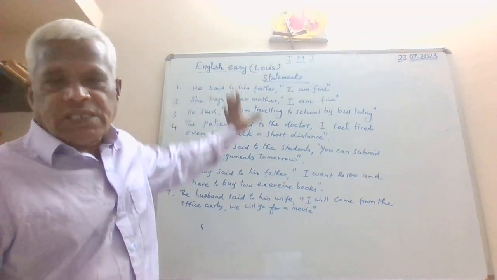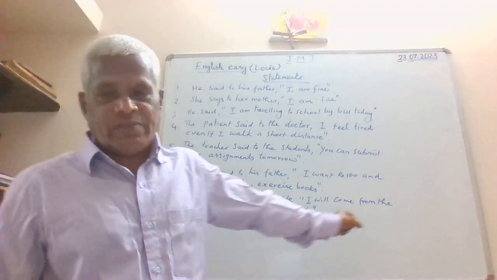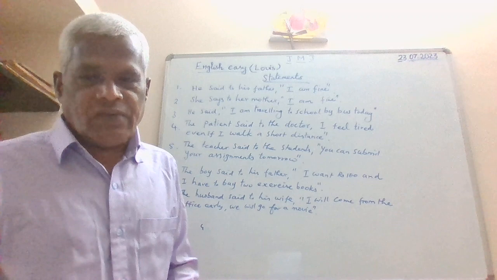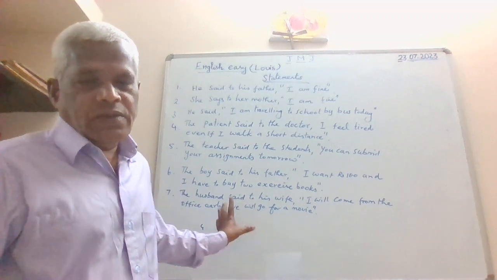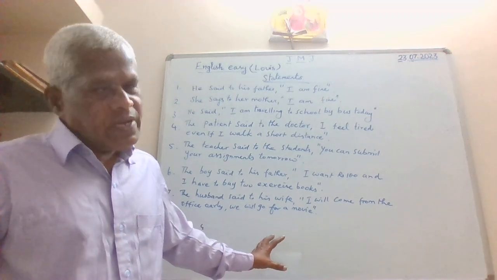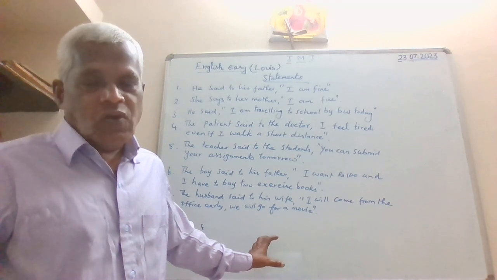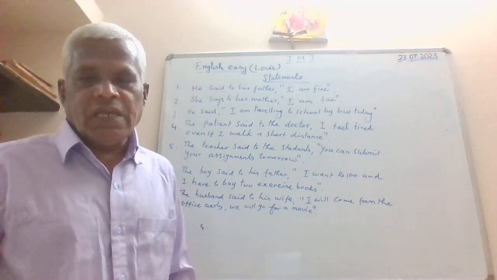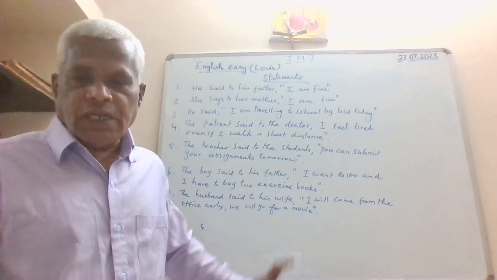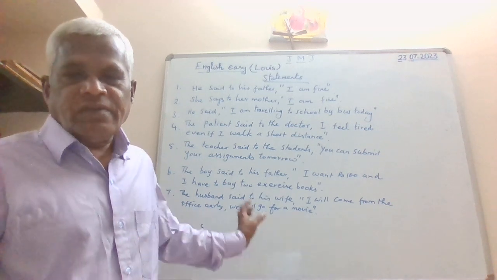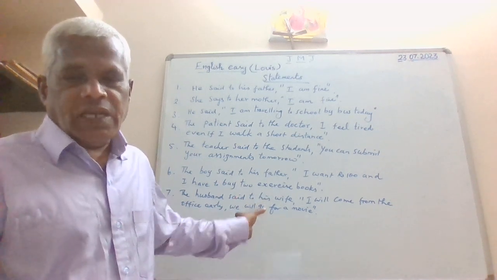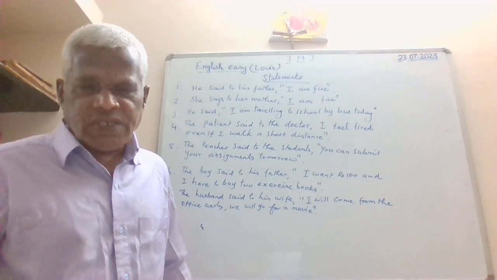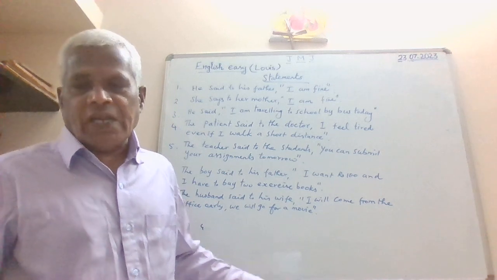I wrote all the sentences earlier so that it will be easy for me to explain. So listen to me carefully, and while I am explaining, watch carefully how the changes are made in terms of the rules for statements changing from direct to indirect.